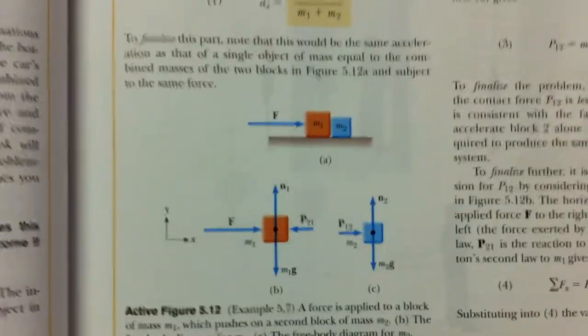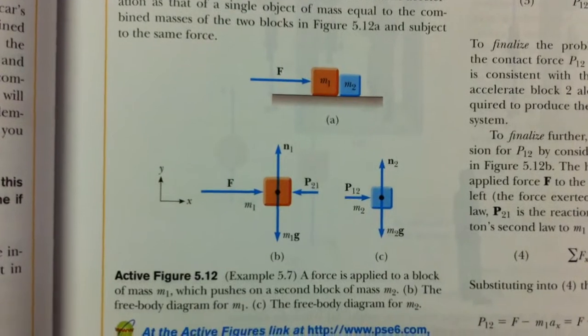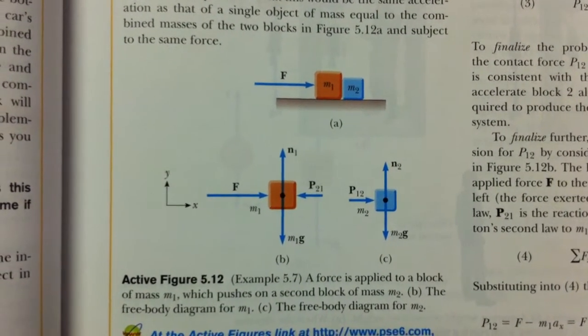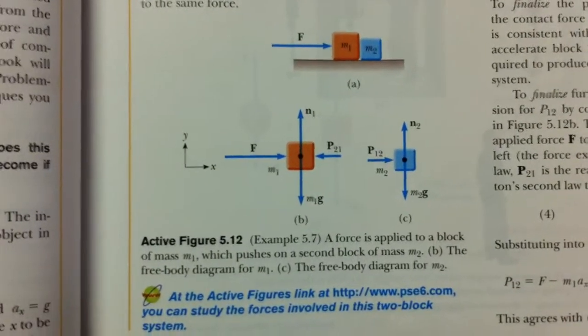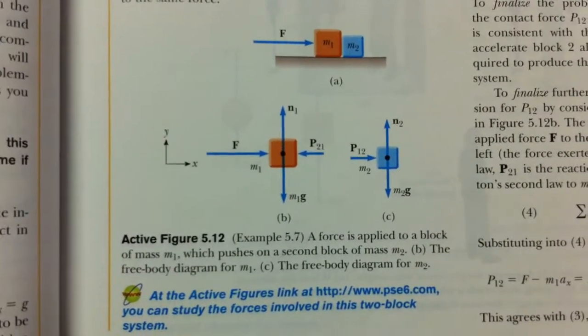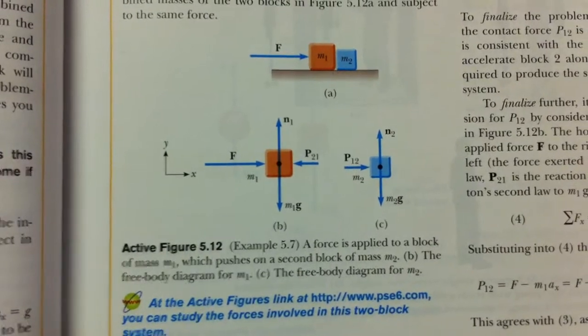Okay, very basic problems. Here's the box problem again. Now, when both of these boxes are moving together, we can model them as a single system and only be worried about the external forces. But let's suppose some devious, diabolical, fiendish physics professor asked you to find the forces between the individual boxes.